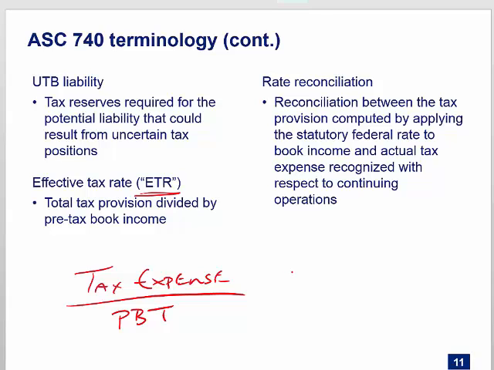So of course, the lower your tax rate is, the more efficient your tax structure is. If you look at a company that has a tax rate of, say, 40%, which would be close to the combined federal and California statutory rate, that would be a high tax rate.